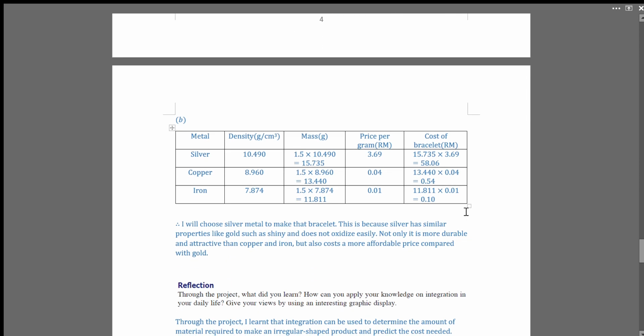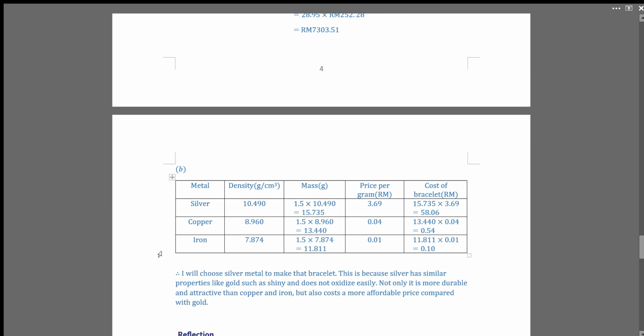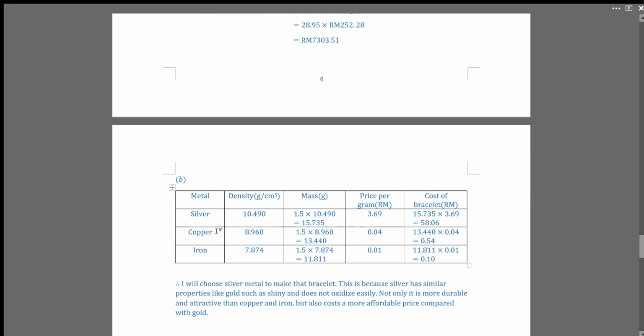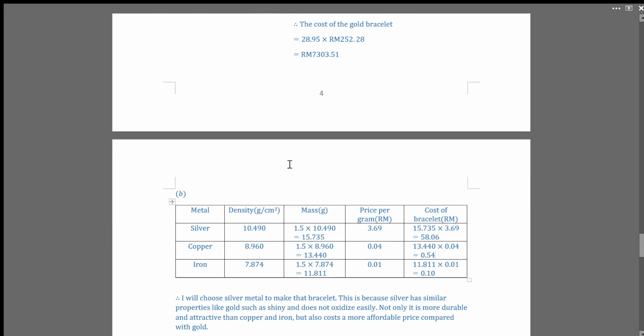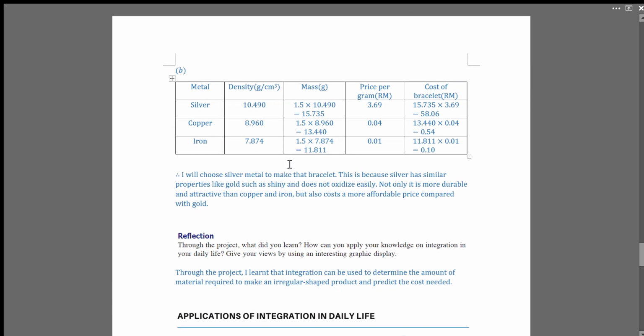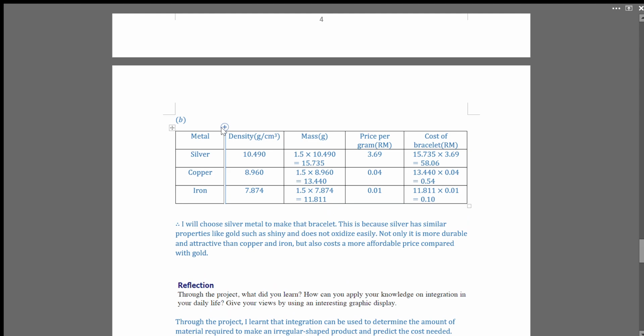So basically copper and iron require a very small cost because both these metals are found in abundance on the earth, but they are less attractive than silver and gold. So the question asks me to choose the best material to make the bracelet. I will probably choose silver because gold is too expensive, and actually silver is also attractive.